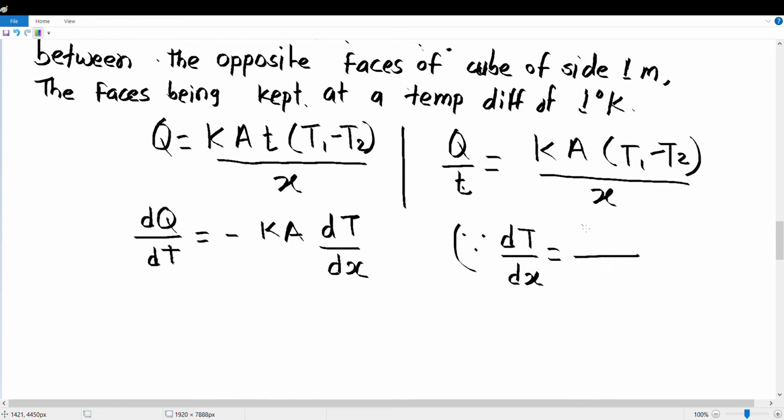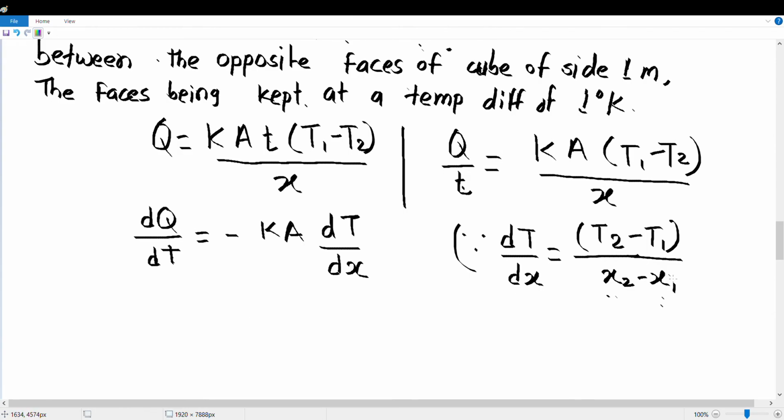Temperature gradient means the fall of temperature with distance. So it is T2 minus T1 divided by dx, the change in distance. These are the positions or the coordinates, then what is this here? dx is equal to x2 minus x1.